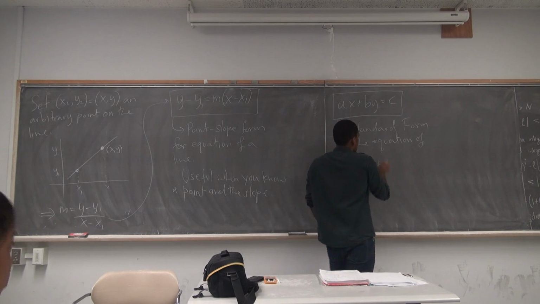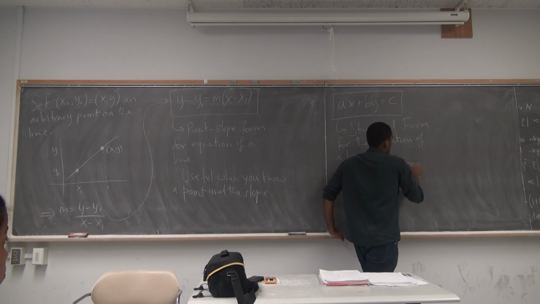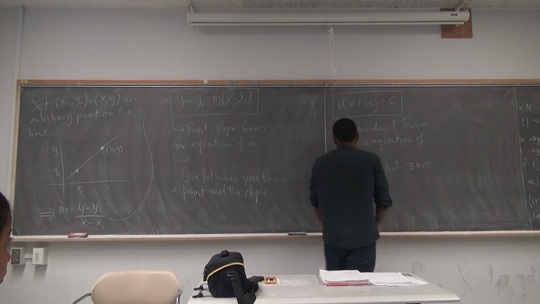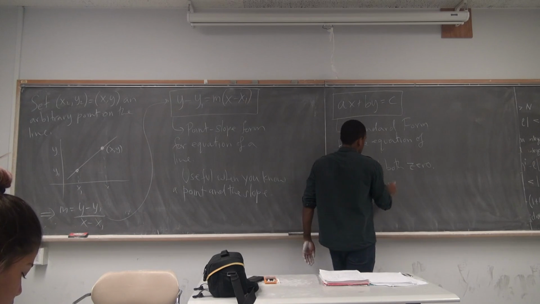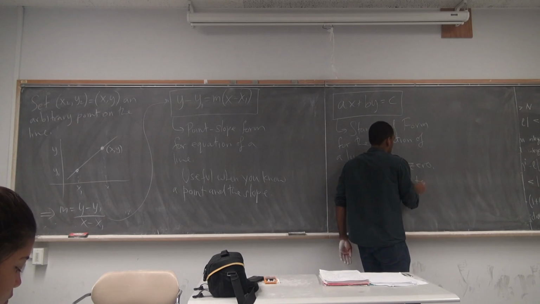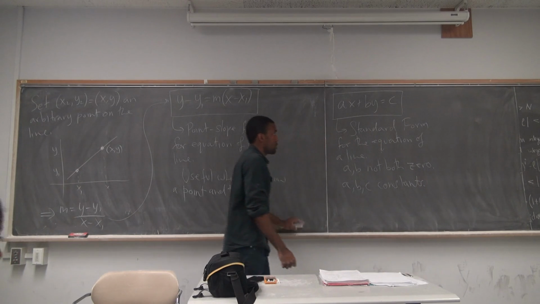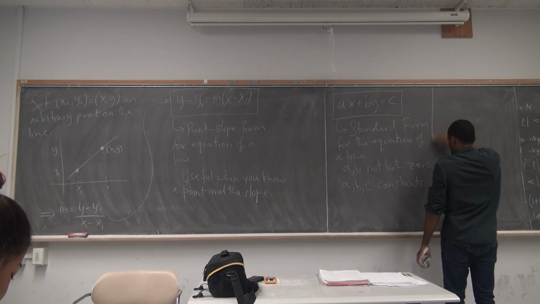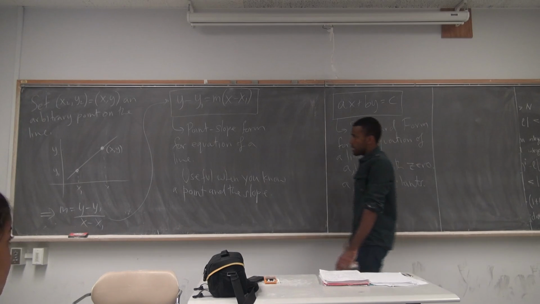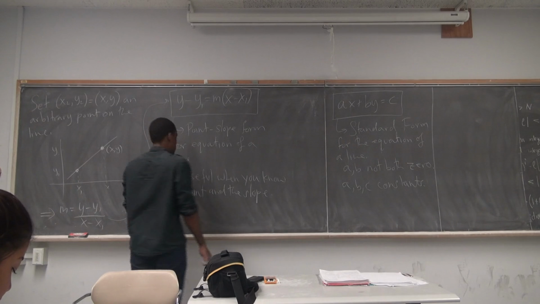A and B not both zero. By some definitions, they have to be integers, but you can have lines where they don't have to be integers. It's called the standard form for the equation of a line.